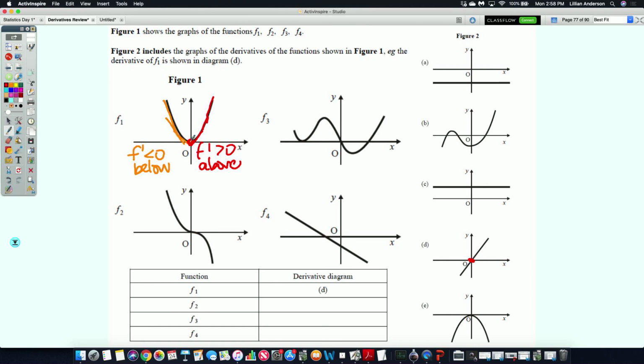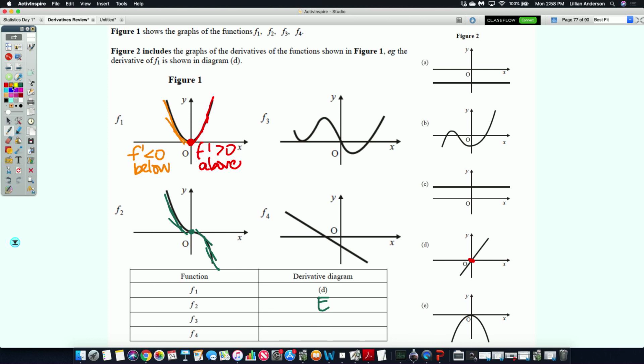So if you look at F2, you have an x-intercept at 0, so you're looking for the ones that have an x-intercept at 0. There's only one option for that. What's the answer? E. Also, you can take a look: the slopes of the tangent lines are negative until 0, and then they're still negative afterwards, so it still needs to be below the x-axis before and after 0.